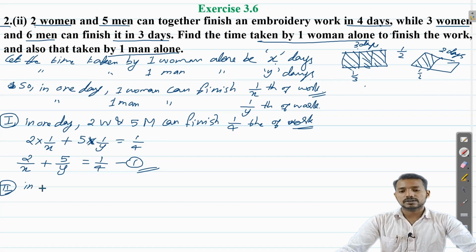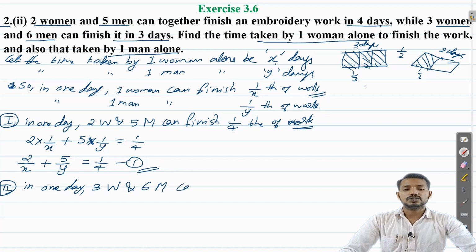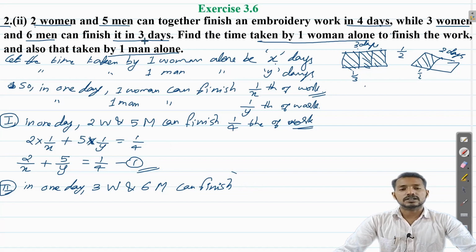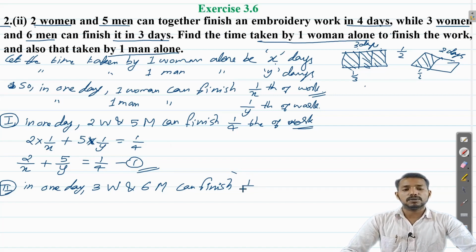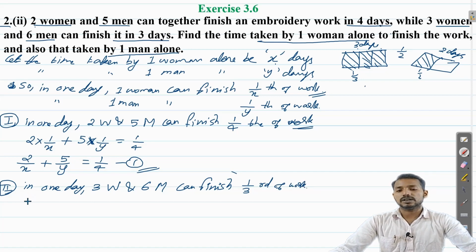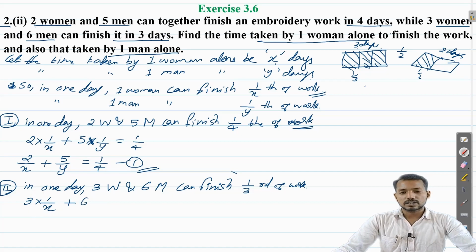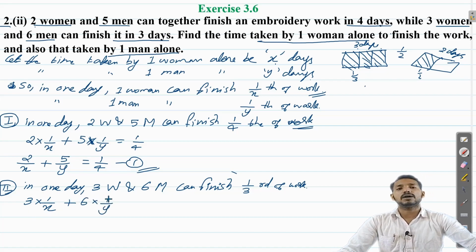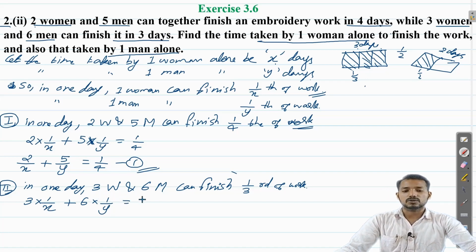So in one day, 3 women and 6 men can finish 1 by 3rd of the work, since 3 days are required in total. So in one day, 3 women do 3 into 1 by x, plus the work done in one day by 6 men, 6 into 1 by y, which is equal to 1 by 3rd of the work.